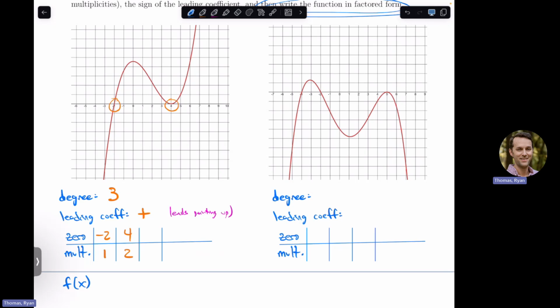So if x equals a is a 0 of the function, then x minus a is a factor of the function.